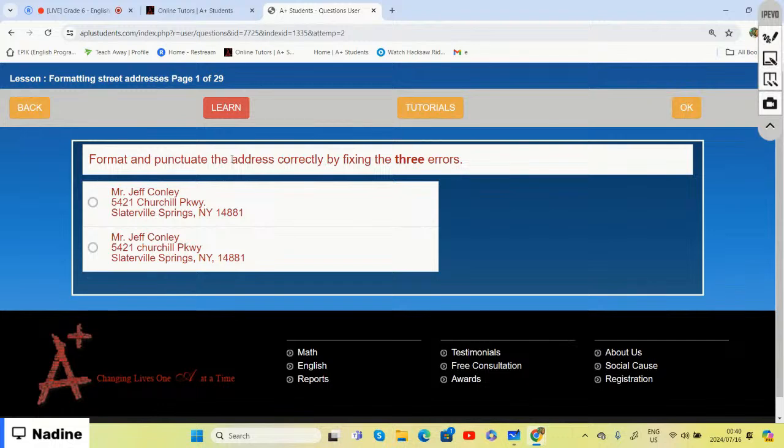So there's basically going to be three errors within this street address, right? And then we are going to have to say which one is correct, right? Because it says format and punctuate the addresses correctly by fixing the three errors.